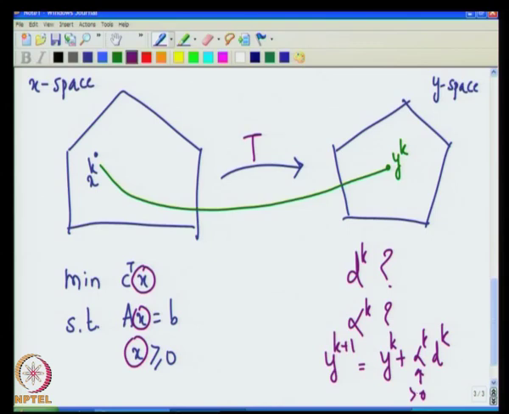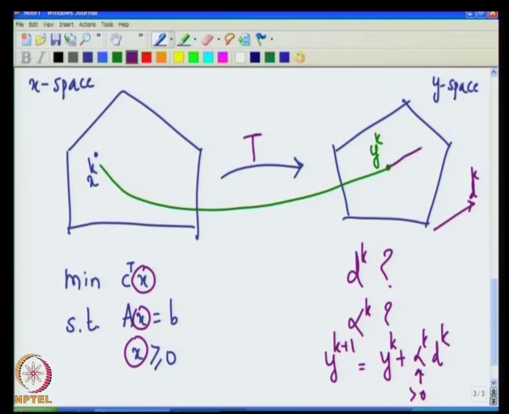So, from yk, suppose we get a direction dk to be this. So, we make a movement of alpha k along the direction dk.